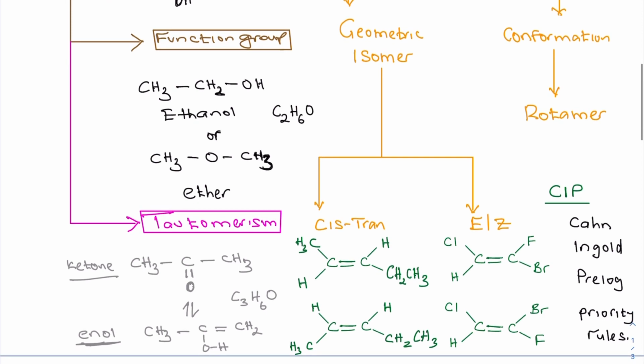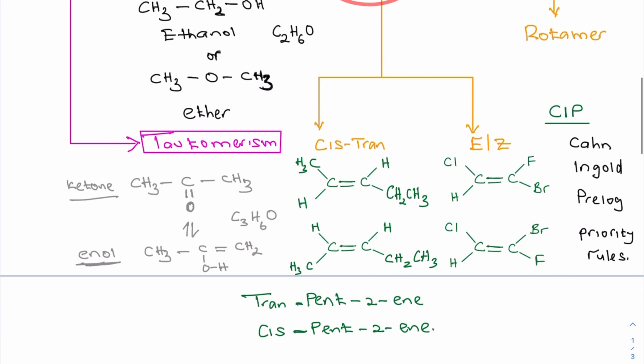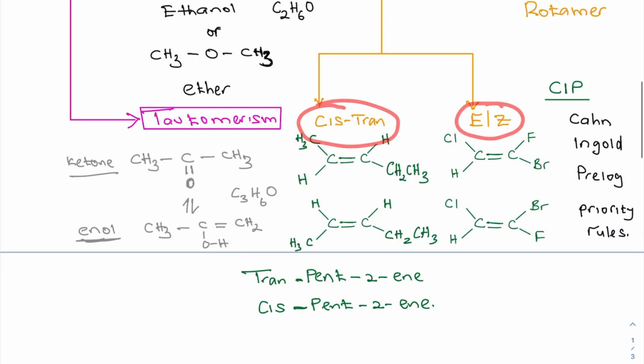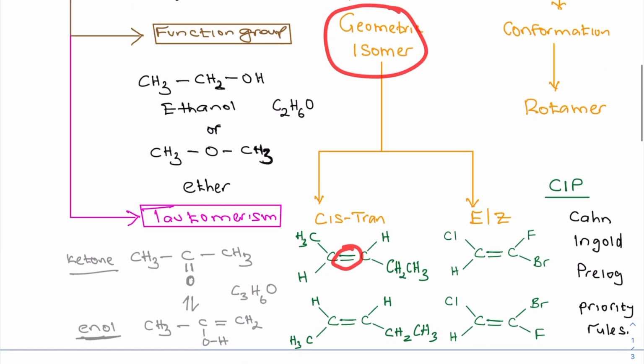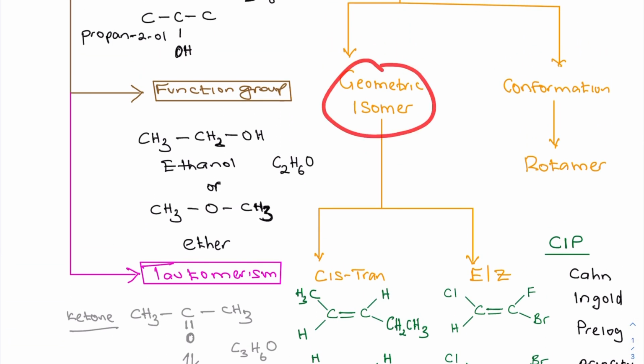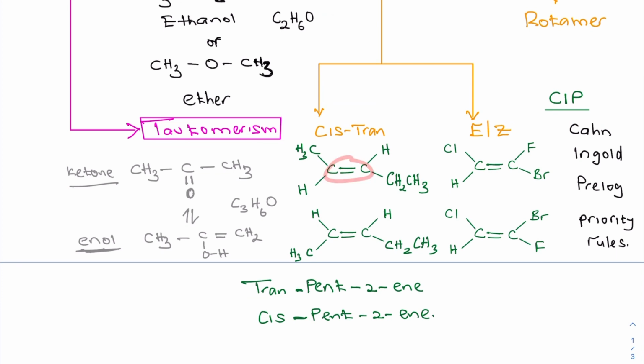And for geometric isomers, which is what we're interested in, we can have cis-trans isomers and EZ isomers. For geometric isomers, you must have a double bond because a double bond does not rotate. Only a single bond can rotate.